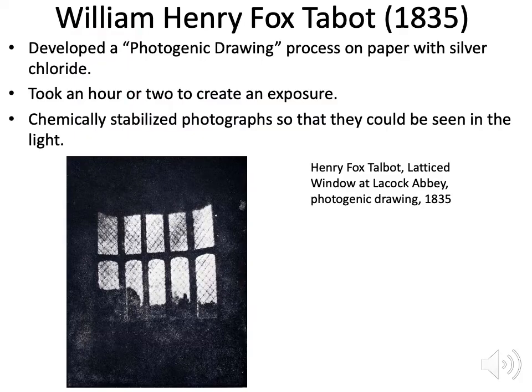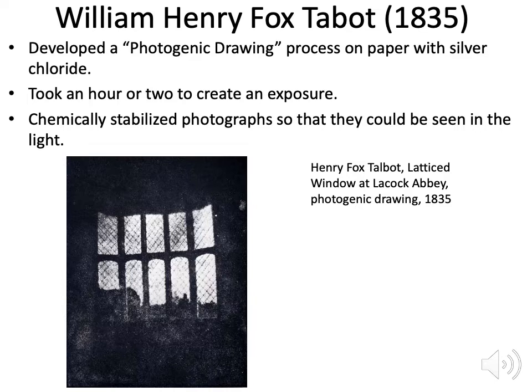So we go from making a picture onto a piece of metal to producing a picture onto a piece of paper. And now we get there with this gentleman, William Henry Fox Talbot, in 1835. He developed what he called a photogenic drawing process on paper with a chemical, silver chloride.